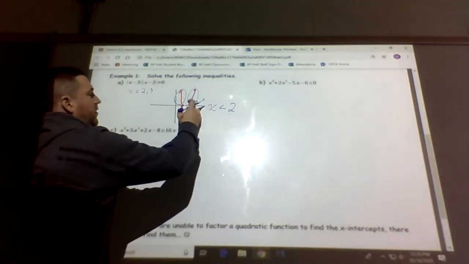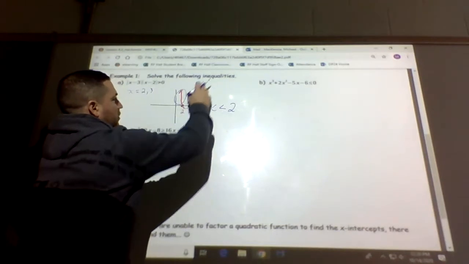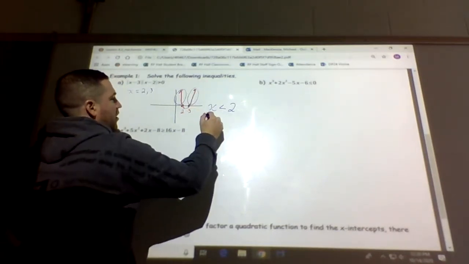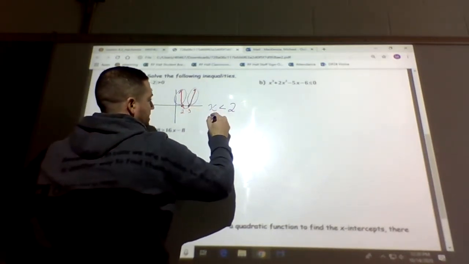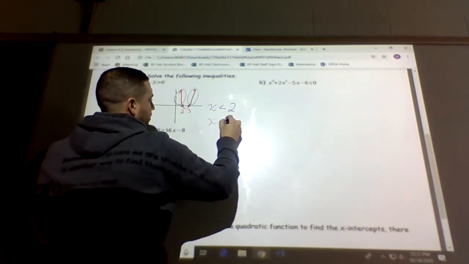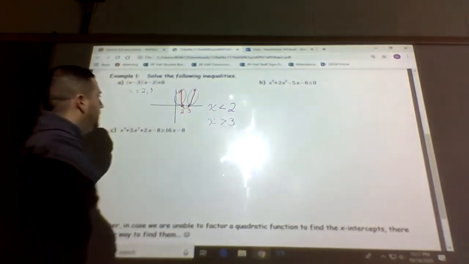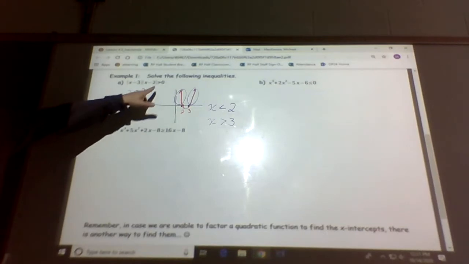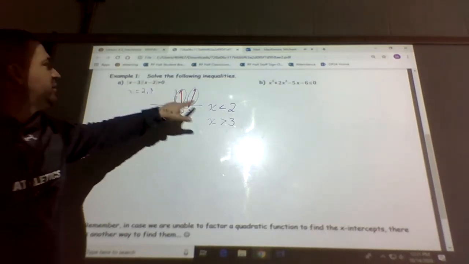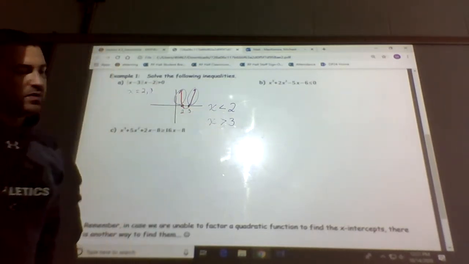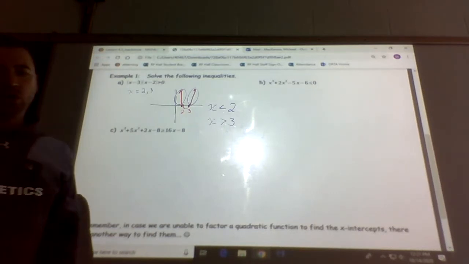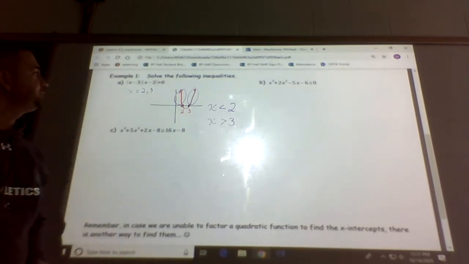And everything greater than 3 will give you positive answers. So x is less than 2 or x is greater than 3. See how this has a greater than? We don't have to put the equals to. So less than 2 or greater than 3.